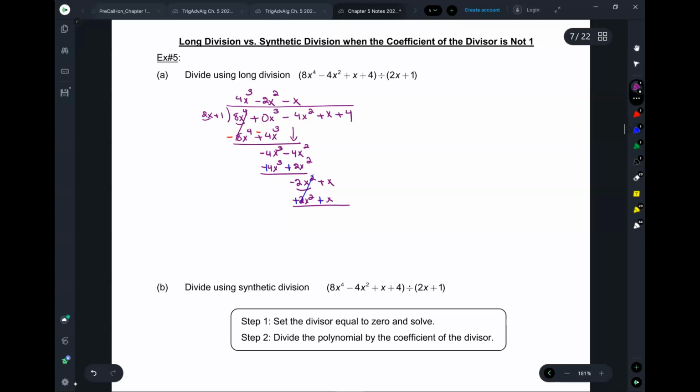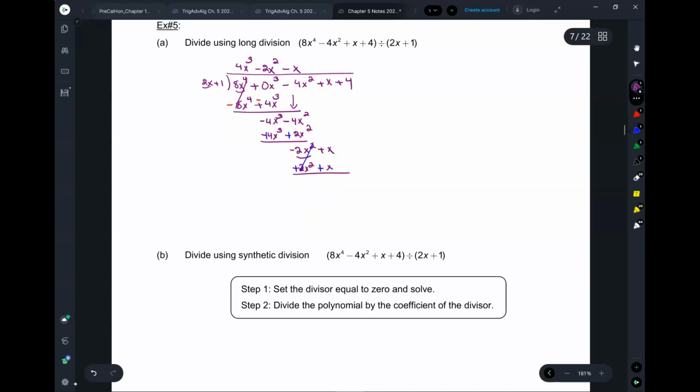That goes away. What do I get left? 2x plus 4. What do I put on top now? 2x divided by 2x? 1. 2x plus 4. Change the signs.